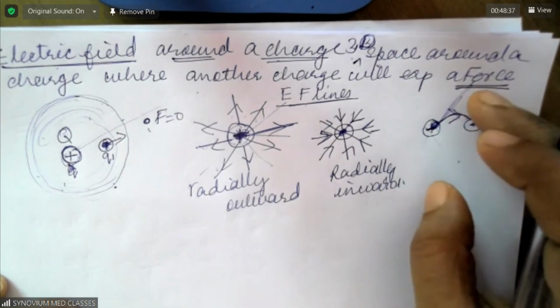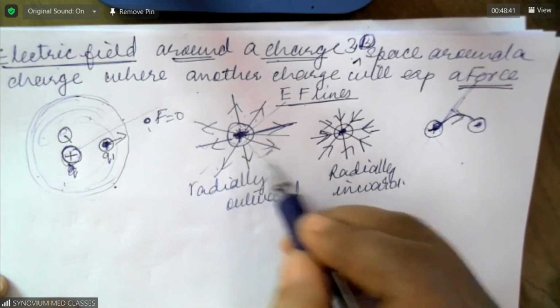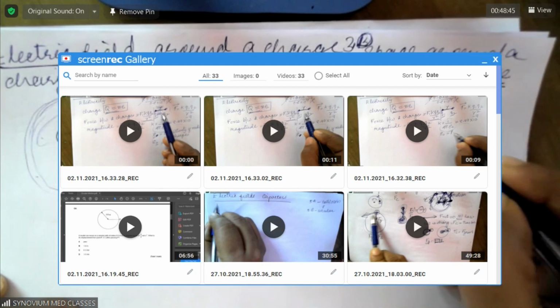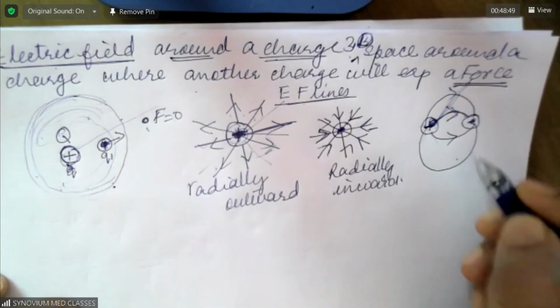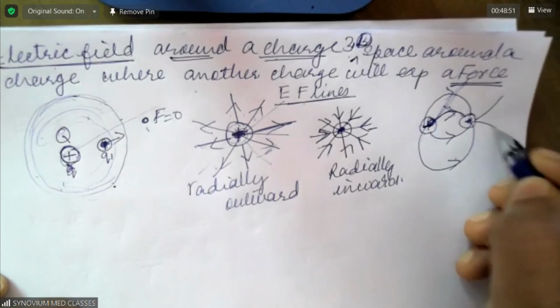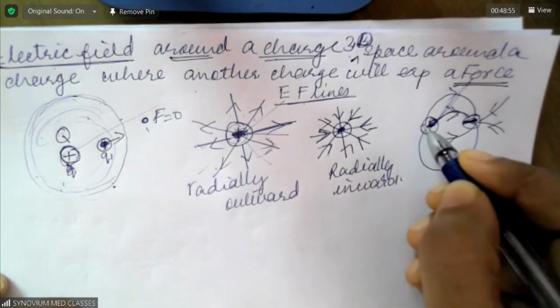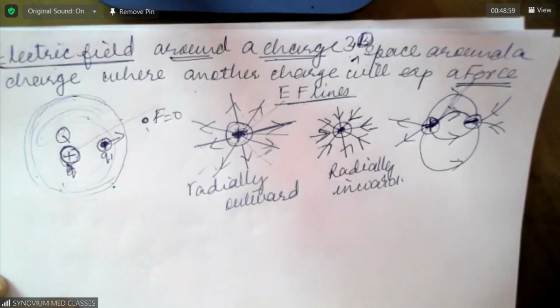So this you always remember. From a positive charge, it goes away. Negative charge, it comes towards. That is why, just like a North Pole and South Pole, you will have electric field like this. Here it comes towards negative. But since this is positive, here it goes away.